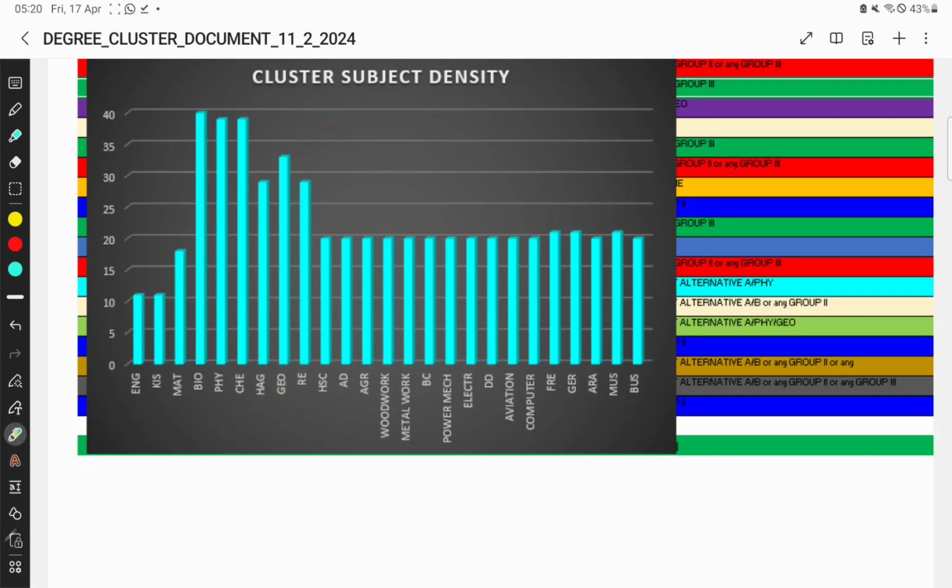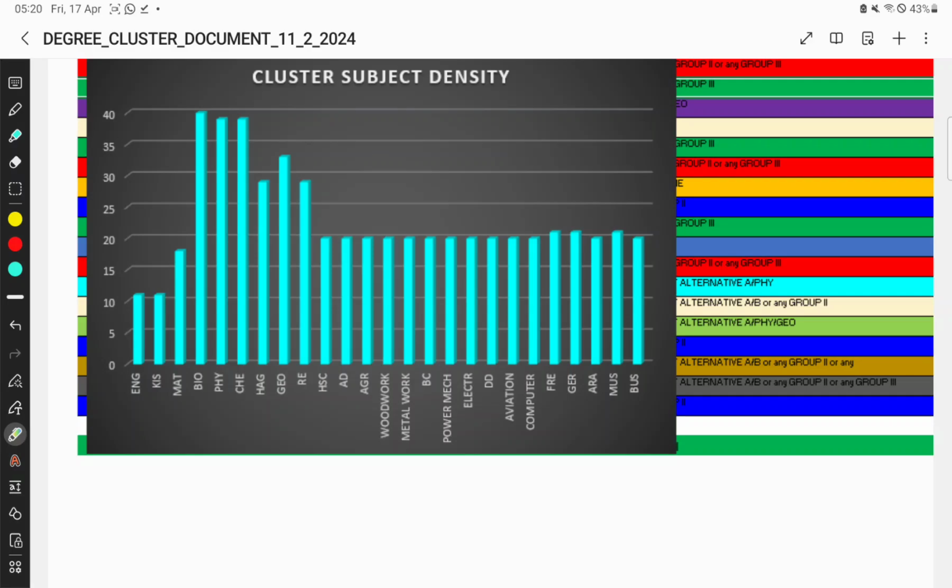So you need to take this extremely seriously, because the more points you have in biology, physics, chemistry, and geography, the greater the chances of appearing in as many clusters as possible, and that opens the doors for your future career.